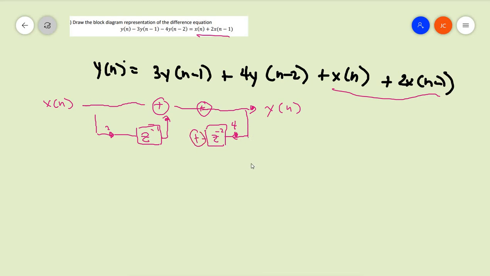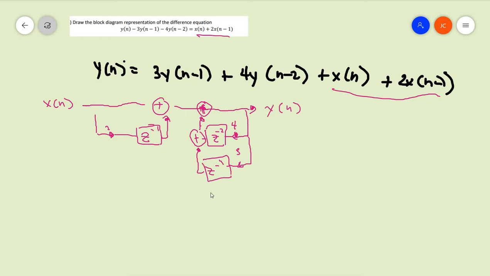And then 3 with a delay of 1, and then put it here. We add those, and after we add those, we bring the result back here. So that's our block diagram representation of this one.